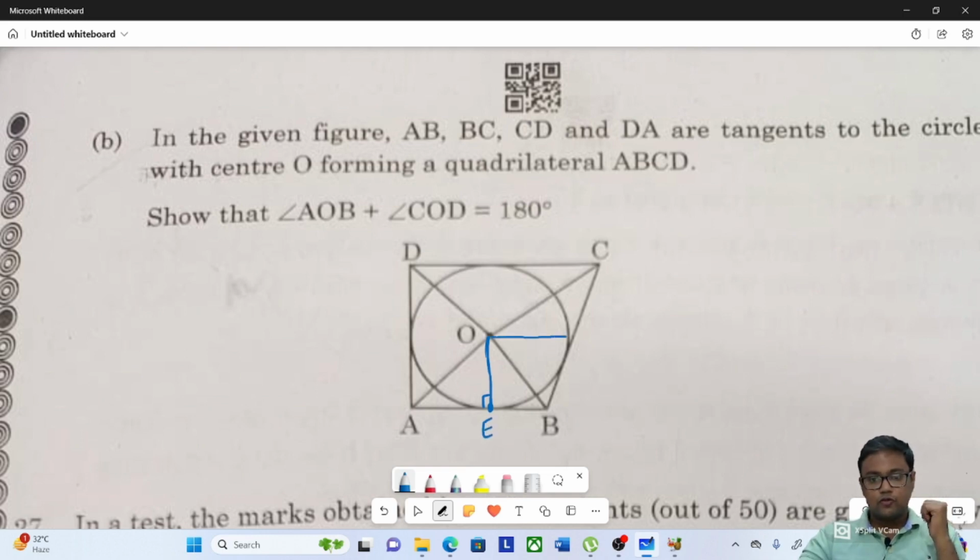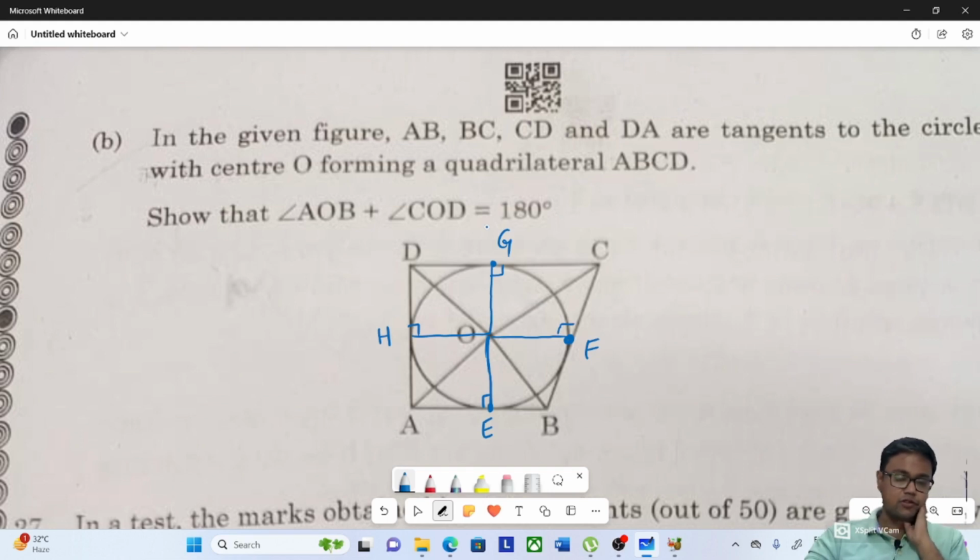Another radius is dropped on the tangent at the point of contact. One more radius is dropped on the tangent AD at the point of contact H. So, all these four are 90-degree angles, because by theorem number one of the chapter circles, the radius is perpendicular to the tangent, always at the point of contact.